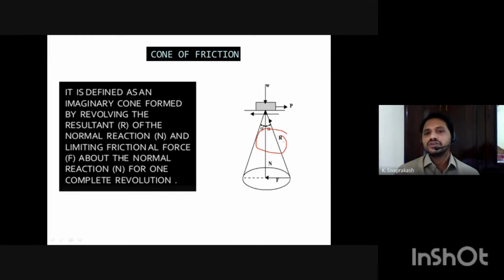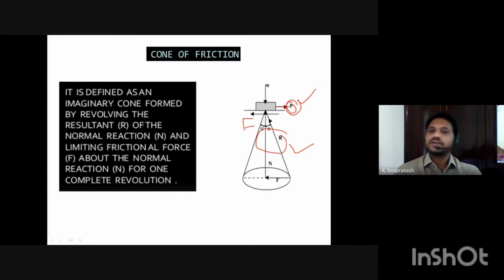This type of friction is used in some applications where the body is subjected to force towards 360 degrees. In that case, the cone of friction is considered, not only for a single side. If the force is applied on a single side, only the frictional force opposes the external force.